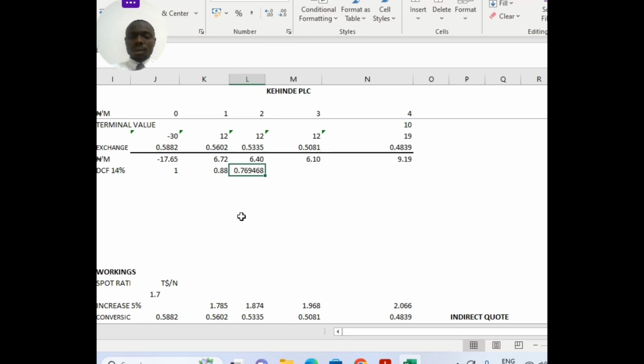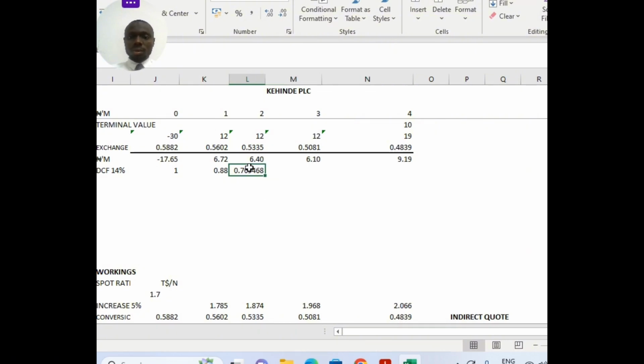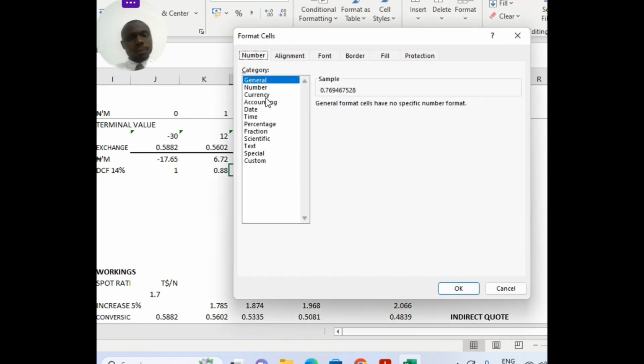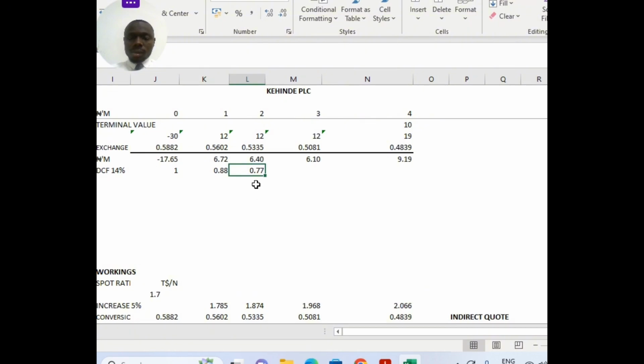So this is just the power of 2. This is just the power of 2.